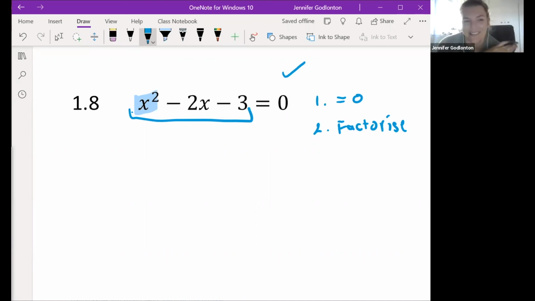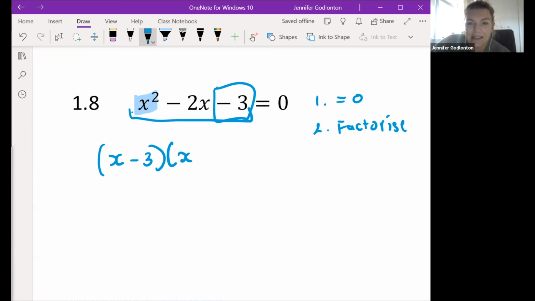Okay, let's go. Factorize. This is a trinomial. When it is a trinomial, what we do is we take our constant and we think about the factor pairs. Now with -3, the only factor pairs we can have are 1 and 3, and we're trying to get -2. So we're going to say (x minus 3)(x plus 1). It is a trinomial that we have factorized.